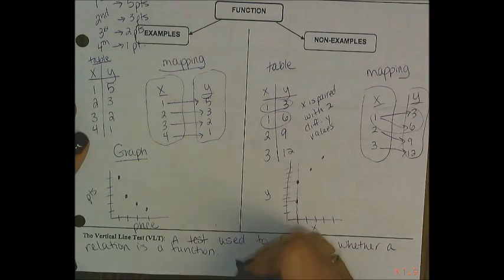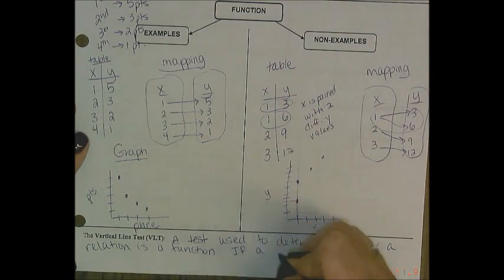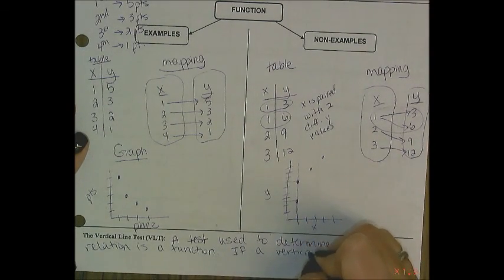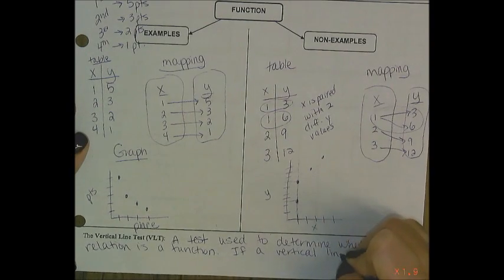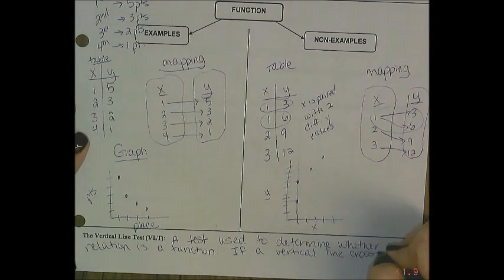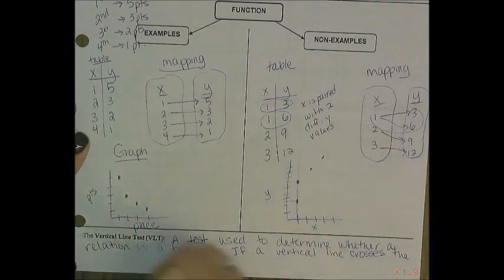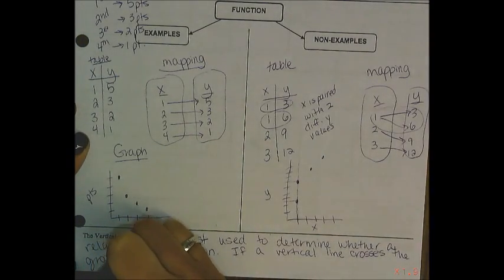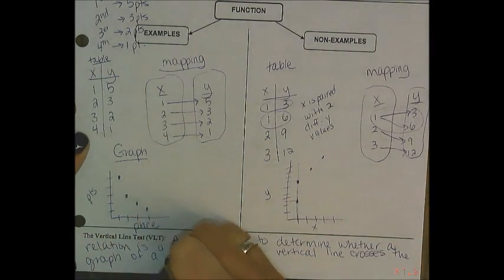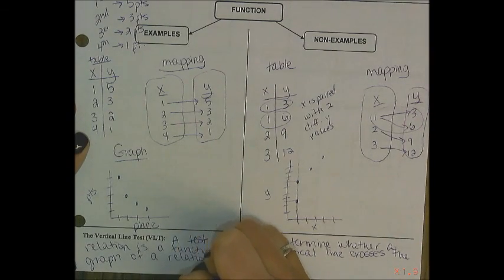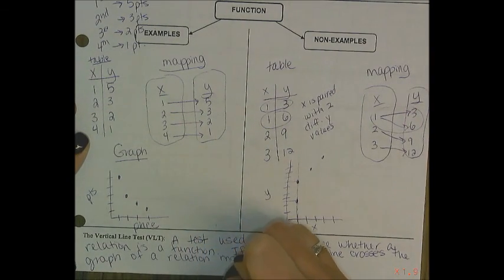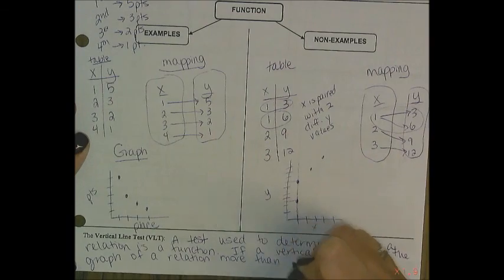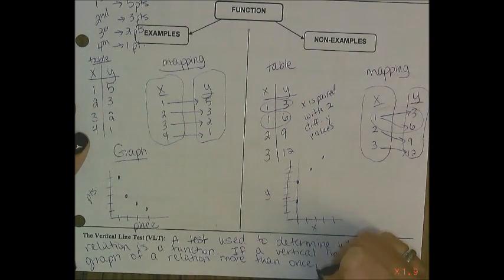So let's continue our definition here. It says, if a vertical line crosses the graph of a relation more than once, the relation is not a function.